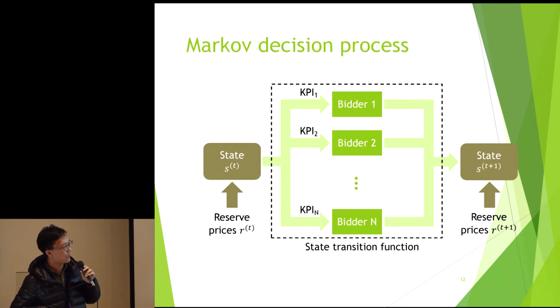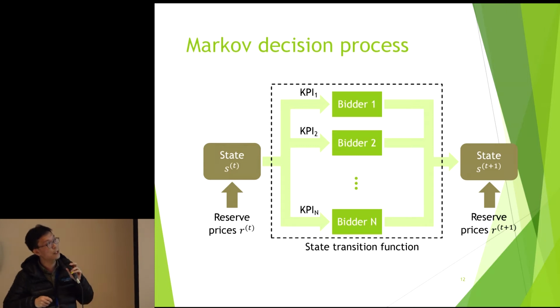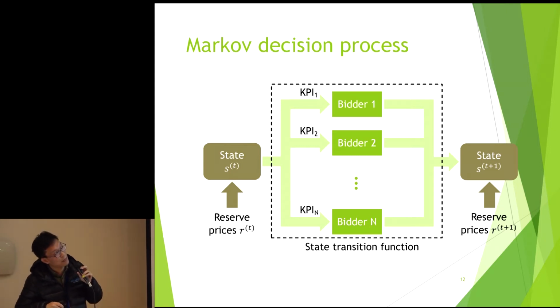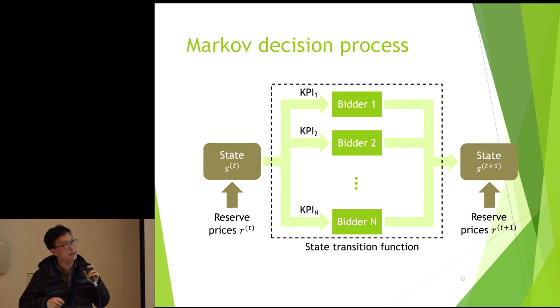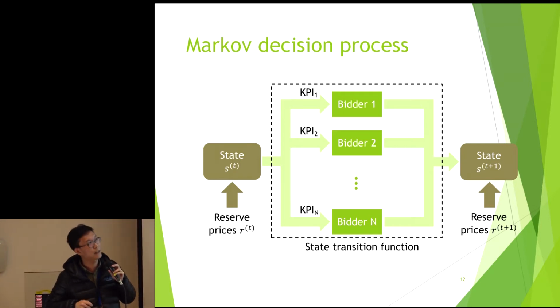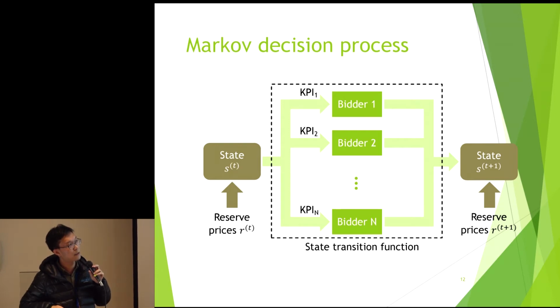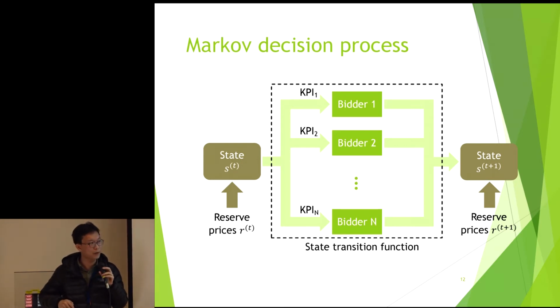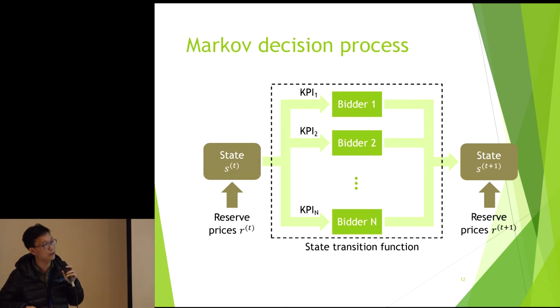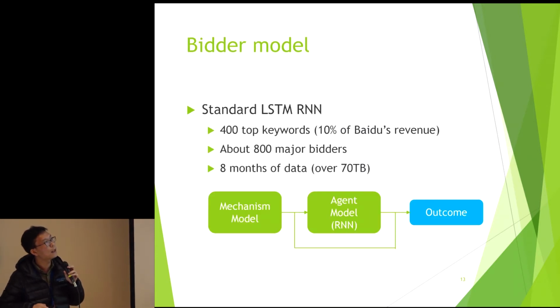After we have set our reserve price, we can run the auctions to get all the KPI statistics, and we send these statistics to the bidders, and the bidders, after receiving these statistics, change their bids accordingly. After that, we aggregate the new bids to form the state of the next time step. So the Markov bidder behavior model serves as a state transition function here.